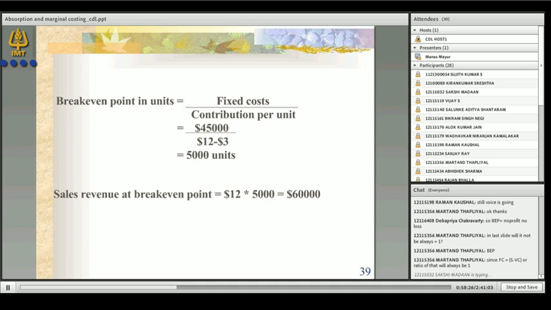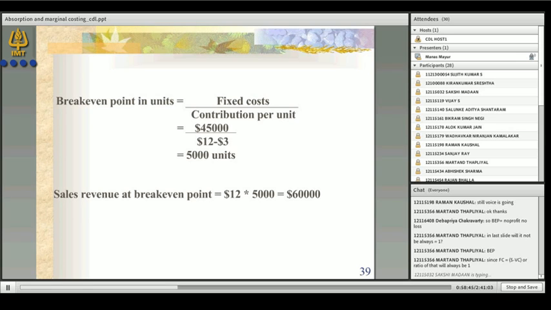Now in this question, if you see, fixed cost is $45,000. Okay, now if you sell one unit, the revenue generated from that minus variable cost will contribute to fixed cost, because you need to at least recover fixed cost to start earning profitability.